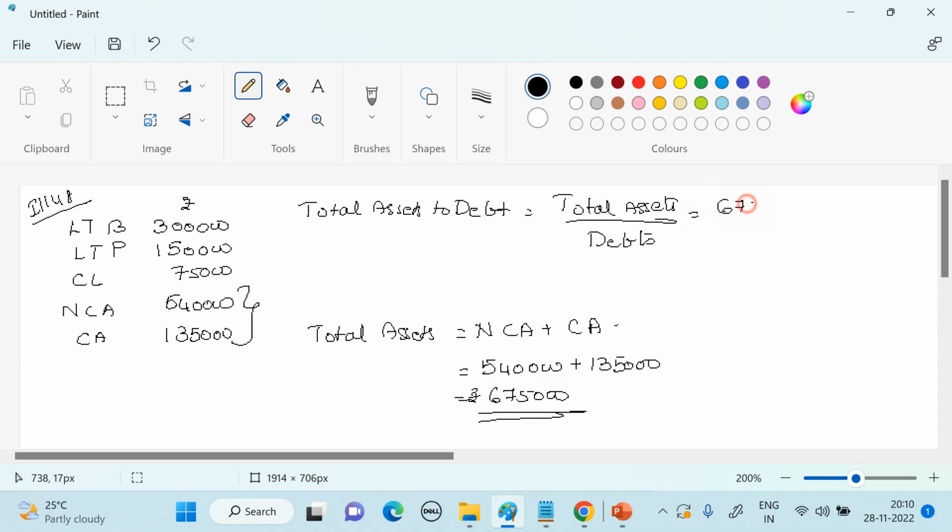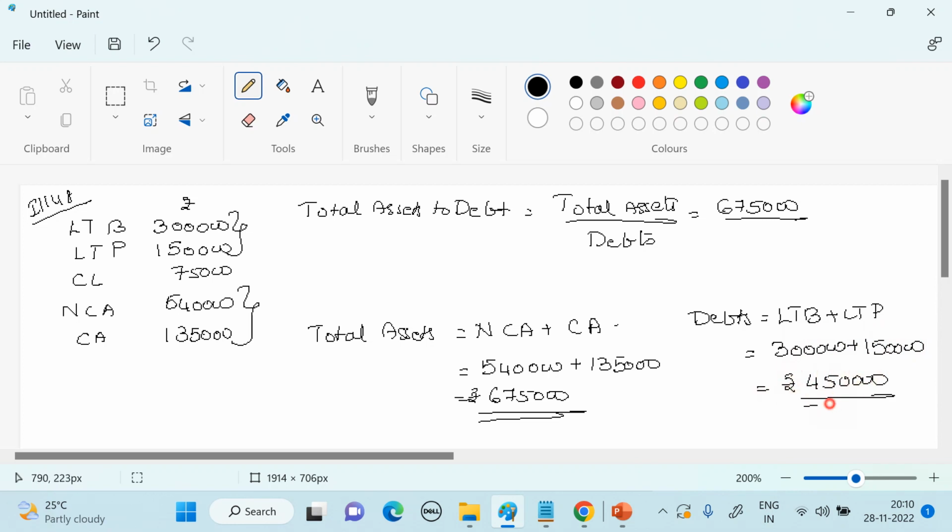We get the numerator here. For debts, from the given information we use long-term borrowing and long-term provision. So debts is equal to long-term borrowing plus long-term provision: 3 lakhs of long-term borrowing and 1,50,000 of long-term provision. That gives us 4,50,000. Write that here, 4,50,000.